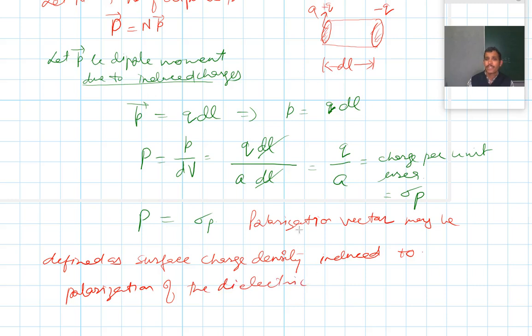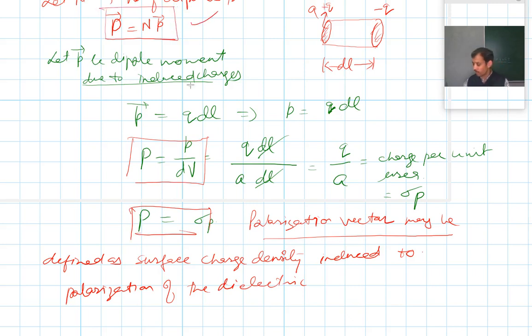Right, so these are the different ways to look at the polarization vector. One is this, another is this, and another way is this. These are three different ways to look at the polarization vector.